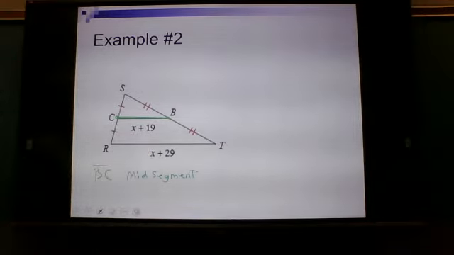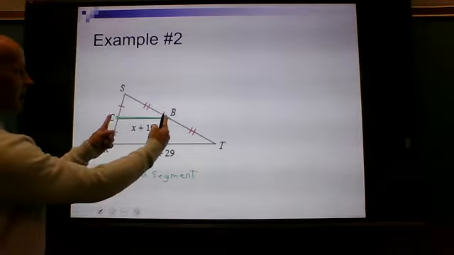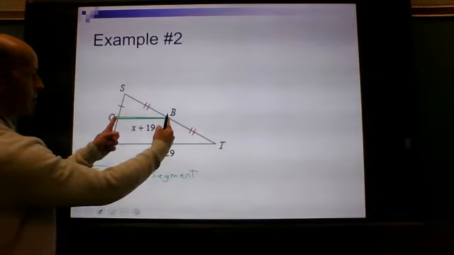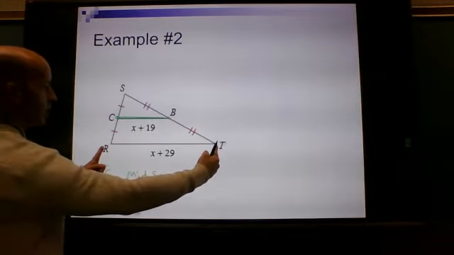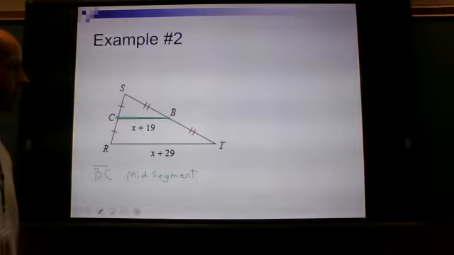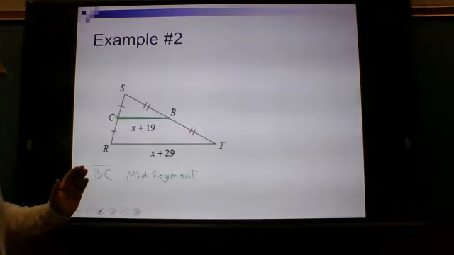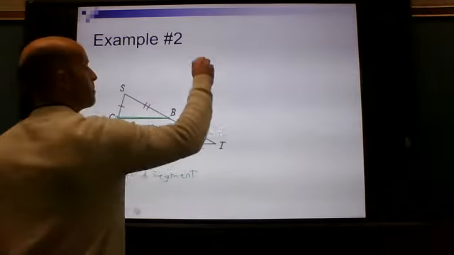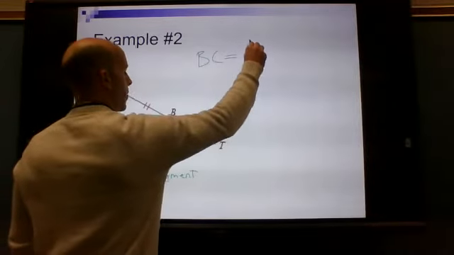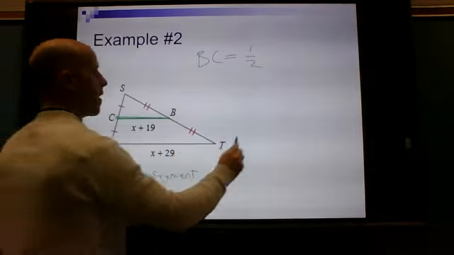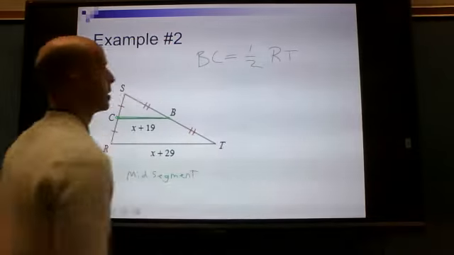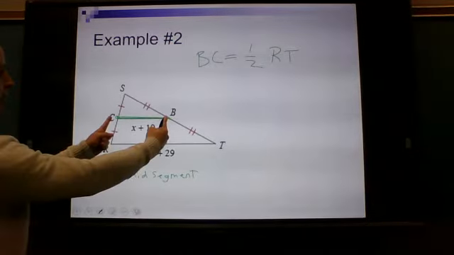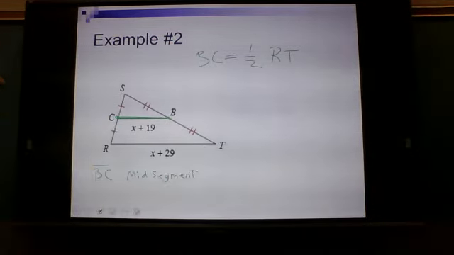So now we're going to use this theorem. We know that this length is x plus 19. We know that this length of the triangle is x plus 29. And I know according to the mid-segment theorem that BC is equal to 1/2 of RT. The length of BC is equal to 1/2 the length of RT.